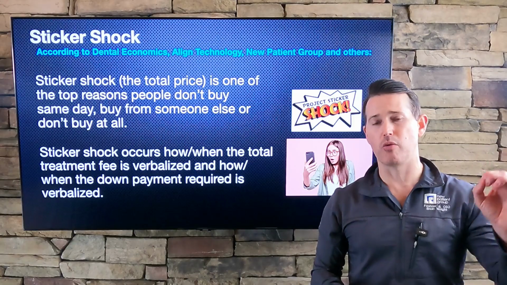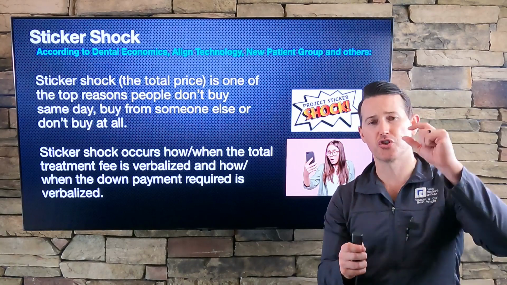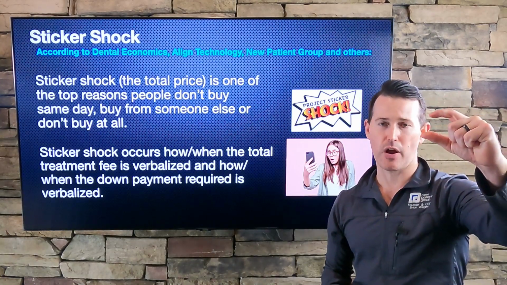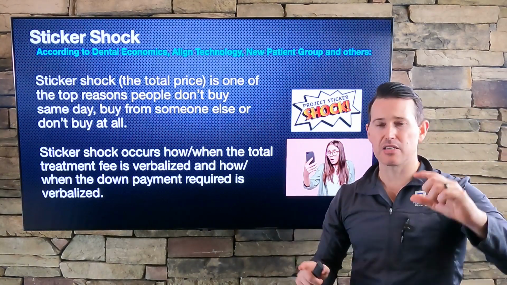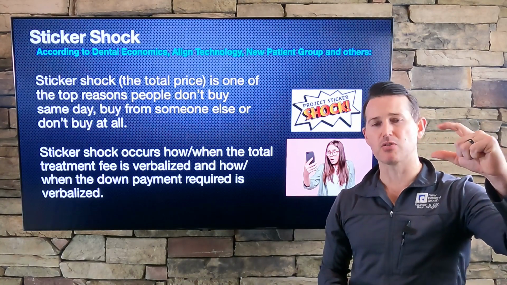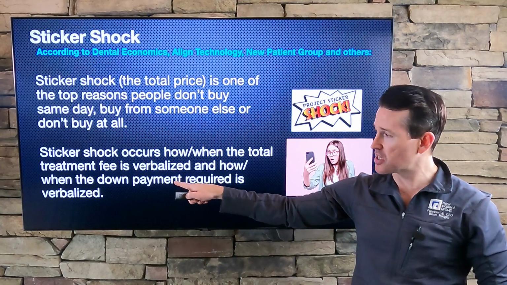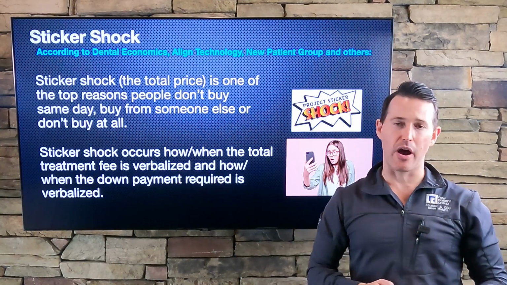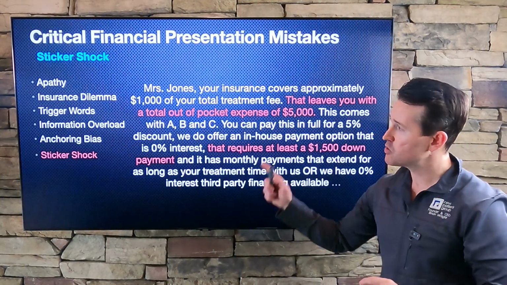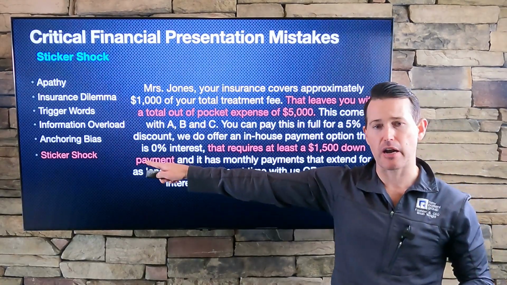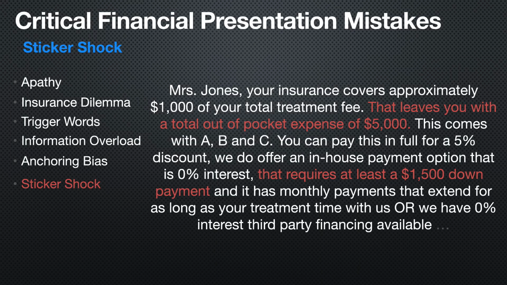And also, remember, anchoring bias was just the first number they hear, right? Sticker shock can happen multiple times throughout your presentation. So it also has, in this case, when you state it, it's the down payment required when you verbalize that. So let's look at this. The sticker shock, okay? Right here, that leaves you with a total out-of-pocket expense of $5,000.